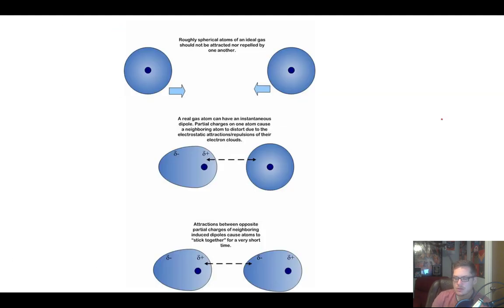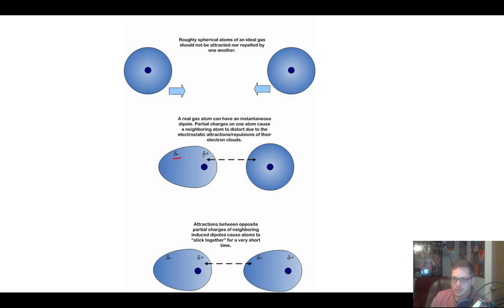So here's a representation. You've got these two neutral molecules, so no dipole happening here, and they really shouldn't be attracted or repelled by each other at all. But what happens is, look, all of our electrons ended up on this side. So we've got a partial negative on this side, partial positive on that side.